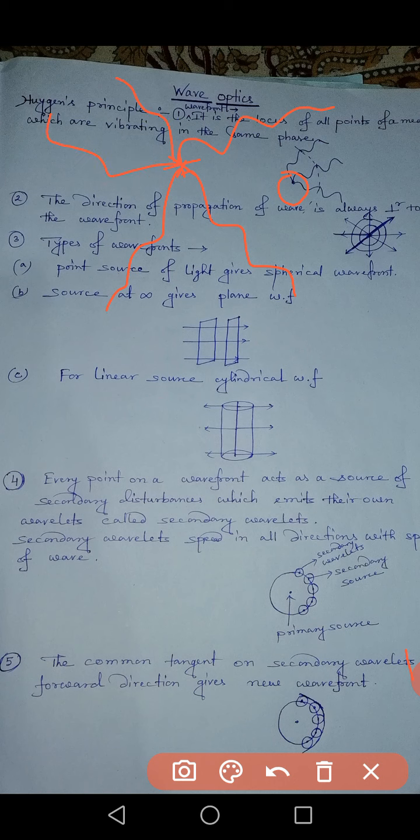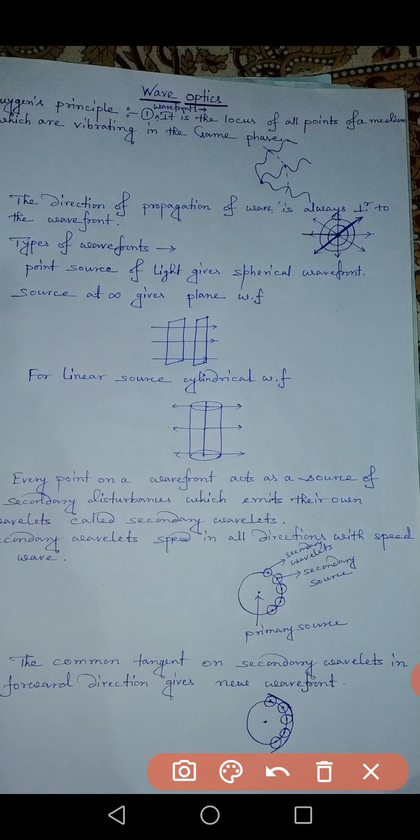Now if you remember, in class 11, but also in class 9, you got the concept of crest and trough. So here suppose if this is a point source, and from this point source I have considered 3 waves coming out from it. Apart from these 3, other waves will also be there in other directions.